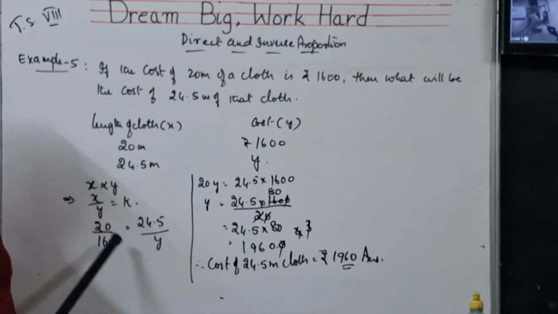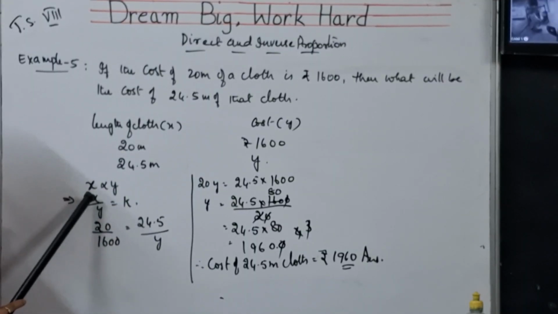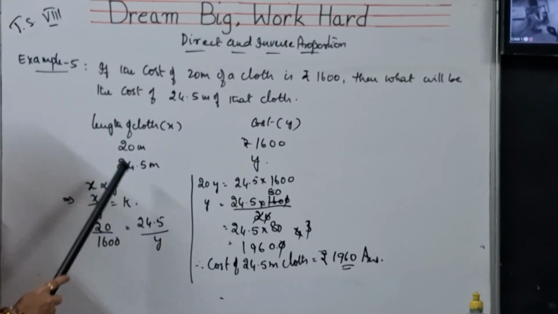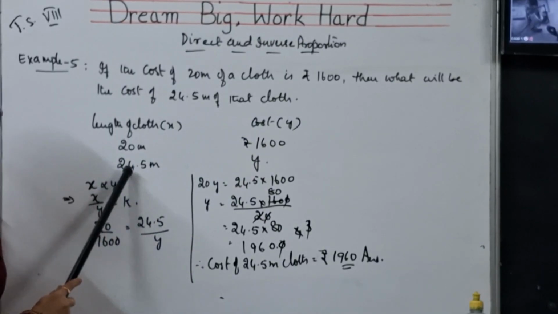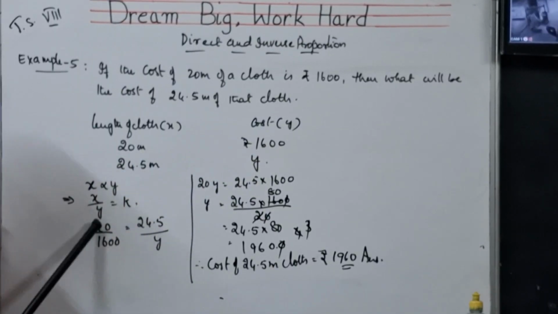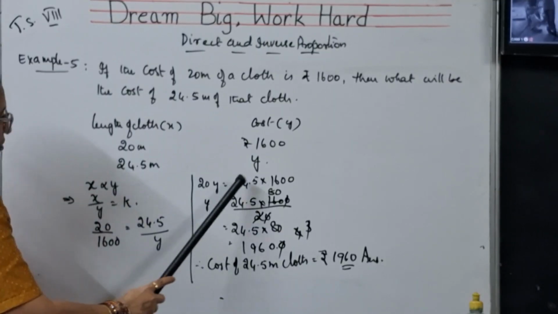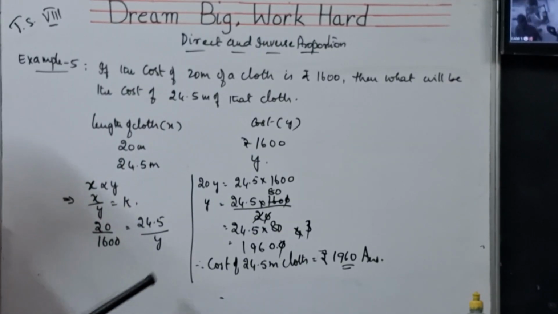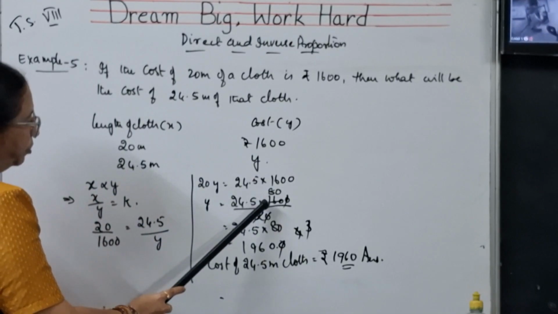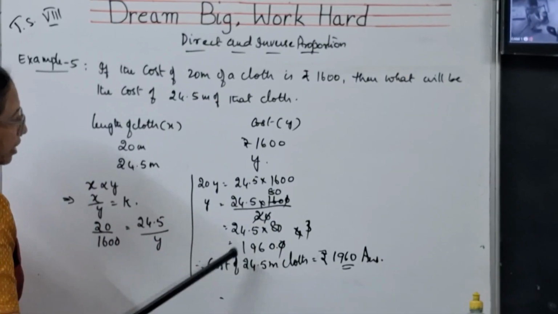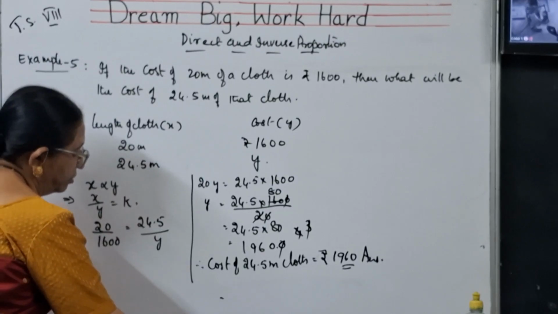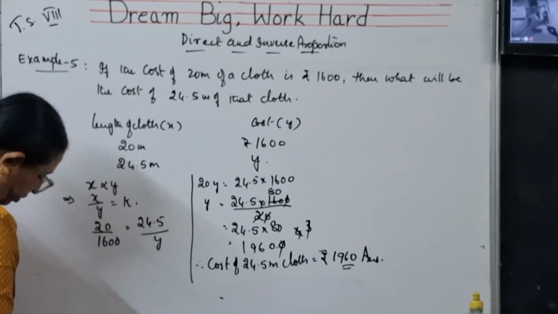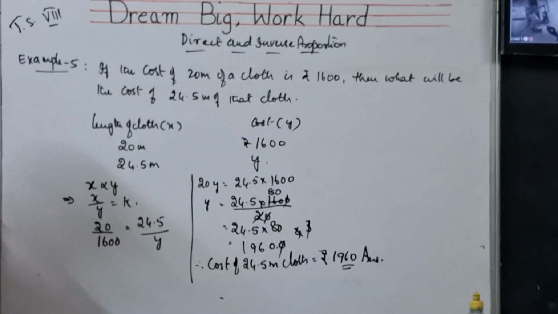Naturally, when cloth length is increased, the cost also will increase. That is, x by y will give you a constant. That means 20 by 1600 will be equal to 24.5 by y. So cross multiplication, 20y is equal to 24.5 into 1600. y is equal to 24.5 into 1600 by 20. On calculation, I have got the value 1960. So the cost of 24.5 meters of cloth is 1960. Please note it down.